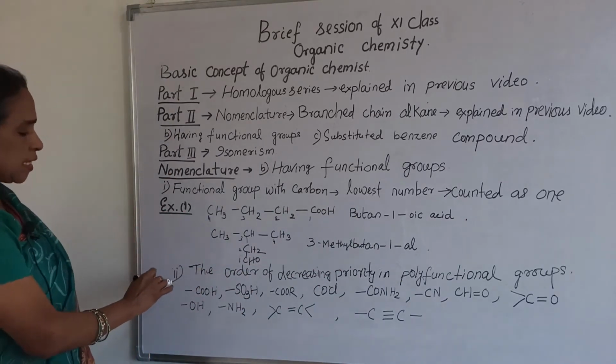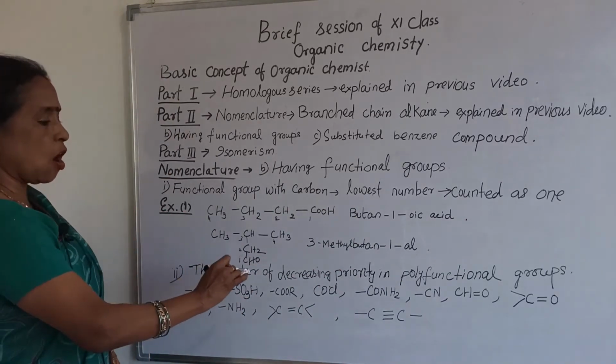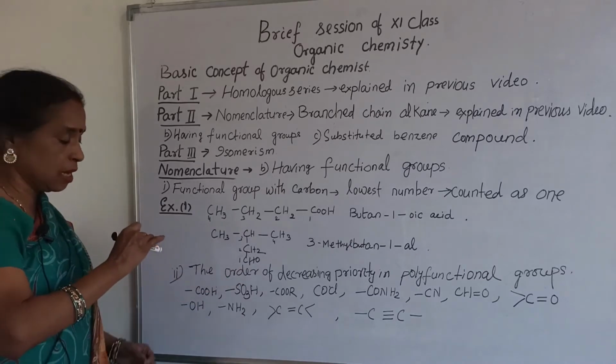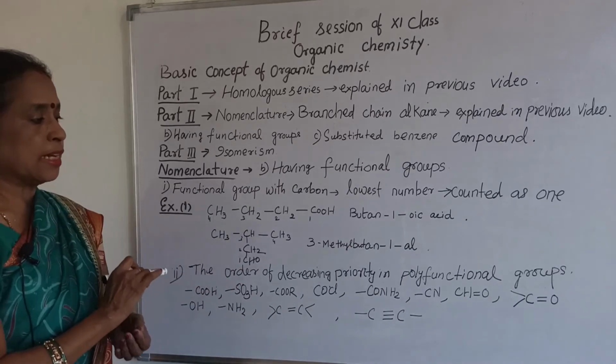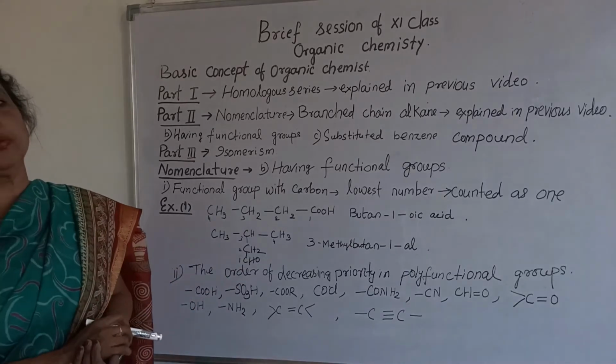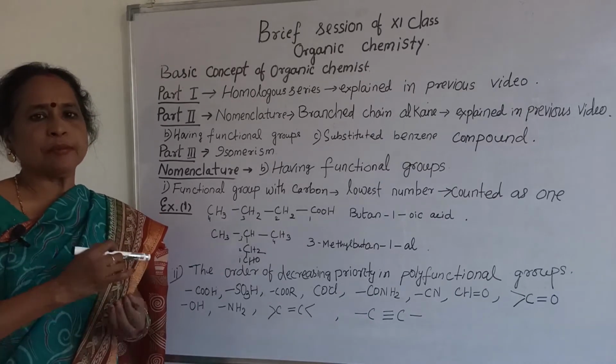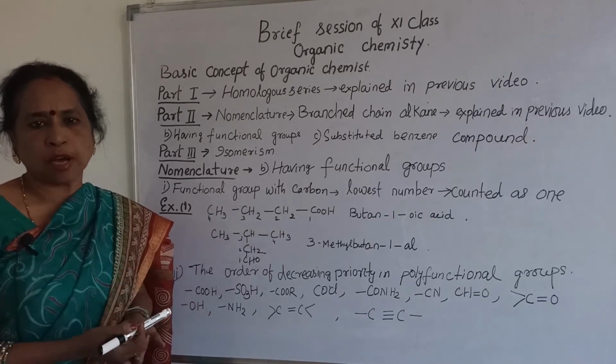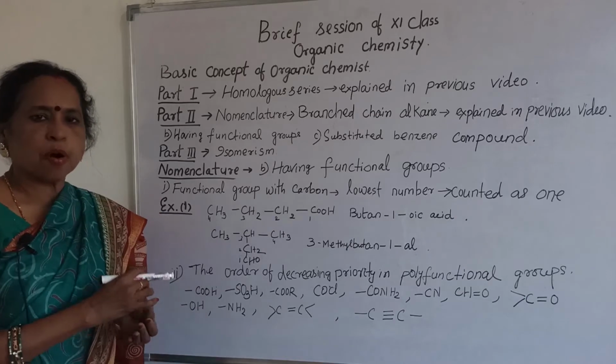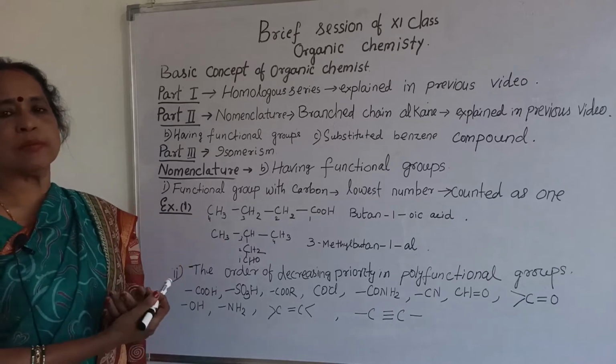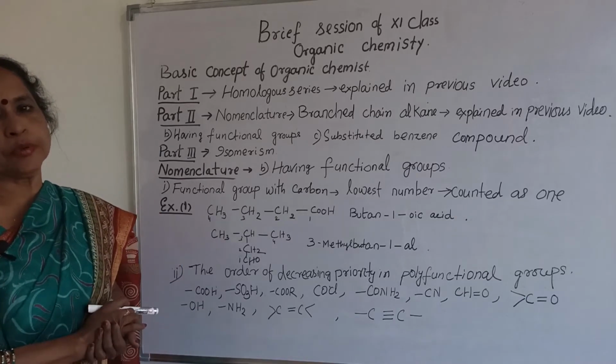Then come to the second rule, the order of decreasing priority in a polyfunctional group. What is meant by polyfunctional? Poly means more than 1. If the organic compound contains more than 1 functional group, then what do we do?